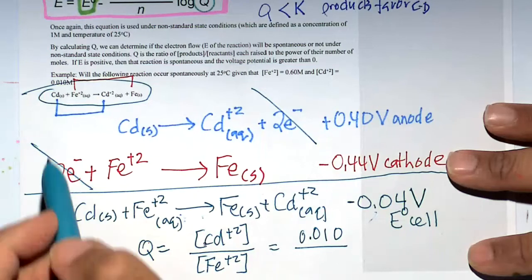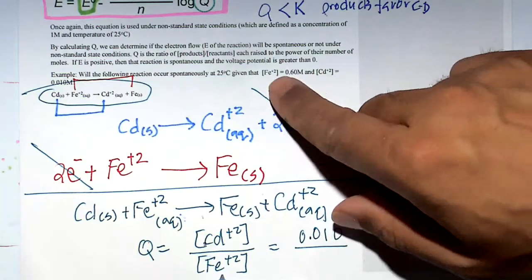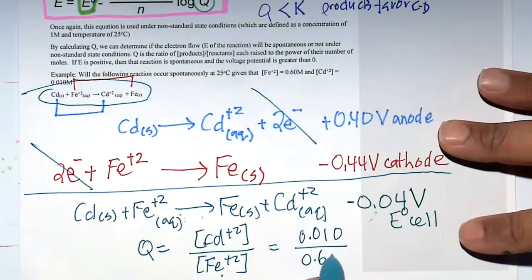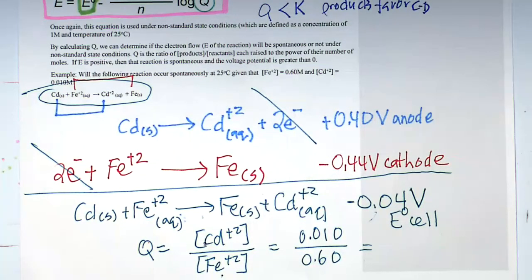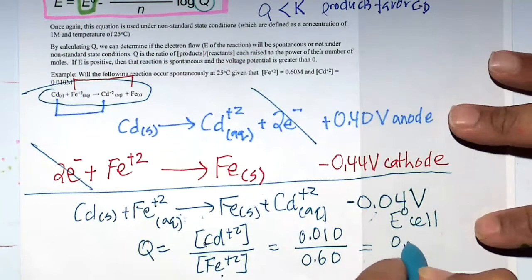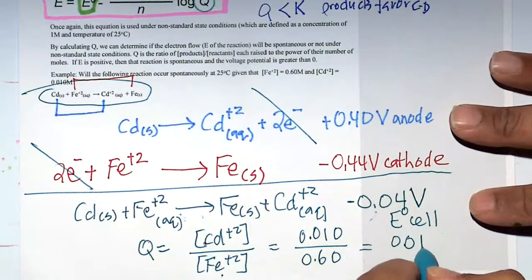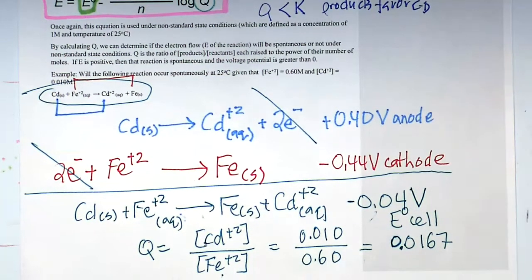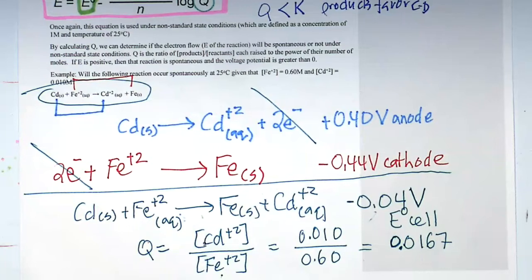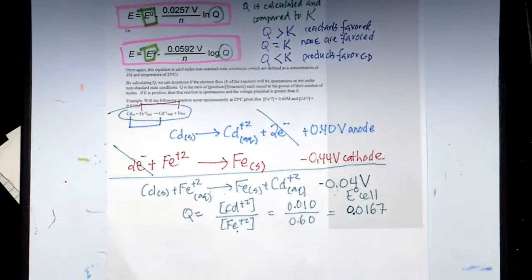And the concentration of iron plus 2, let's look that up, 0.60. So 0.01 divided by 0.6. What is that, 0.0167? All right, so that's Q.